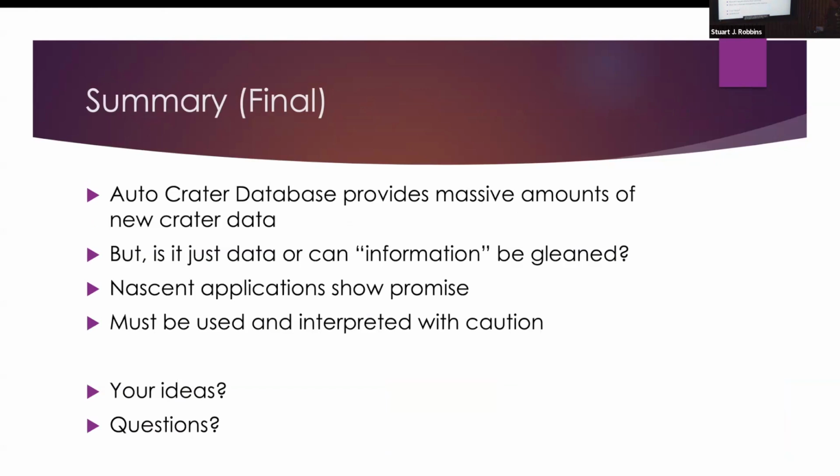The slides I've shown give us a hint at that, but I don't dig very deep into it. I think we'll be spending more time looking at the promise of this data set and other data sets like it. But of course, we've always got to know the pitfalls with these large databases. So it's open for your ideas and questions. There's a lot more to do here.